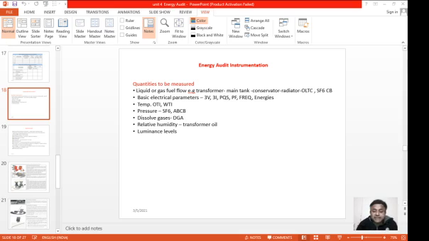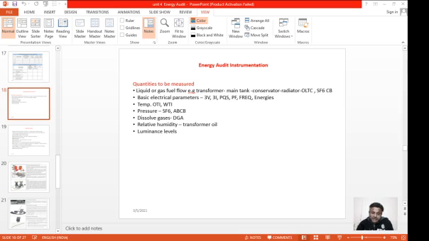The next parameter is relative humidity. The relative humidity of transformer oil is always monitored, for which we are providing online DGA itself, which measures RH, that is relative humidity. And the next are the various levels, and then luminance levels.